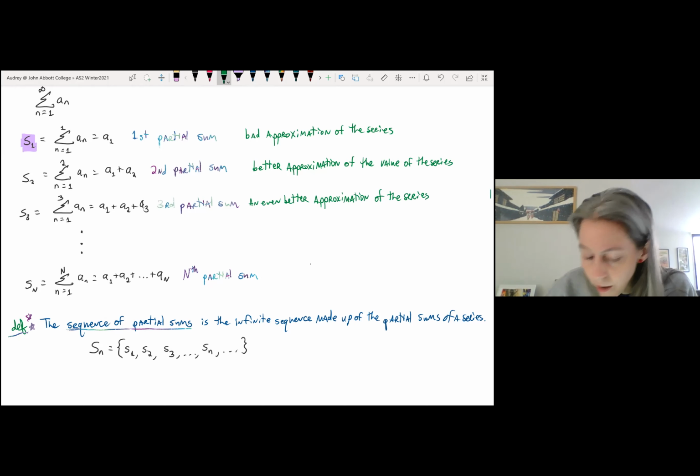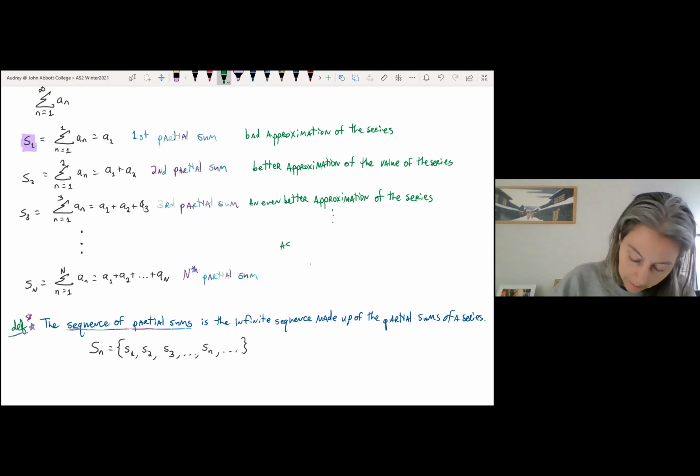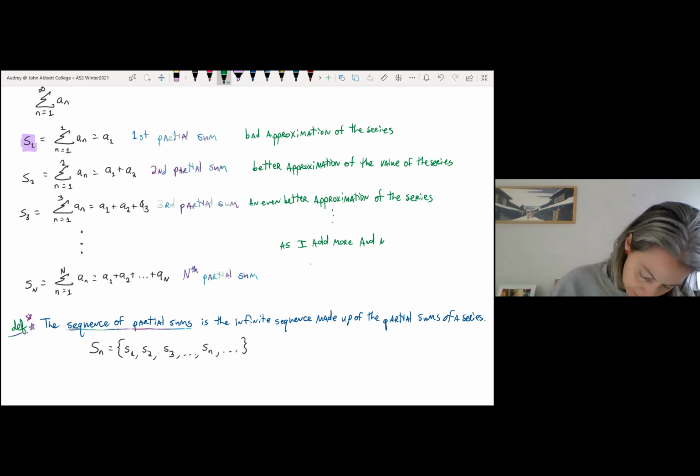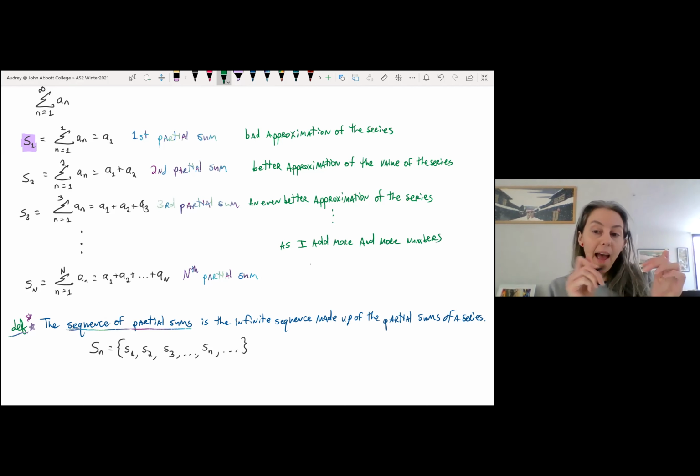And as I add more and more numbers, I'm going to be getting closer and closer to the actual value of the series. In other words, as my s sub n gets bigger and bigger, I'm getting closer to the actual value.